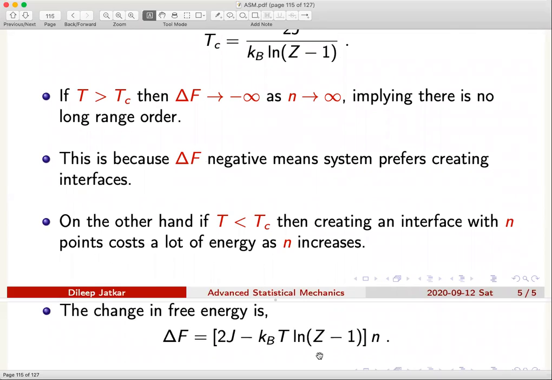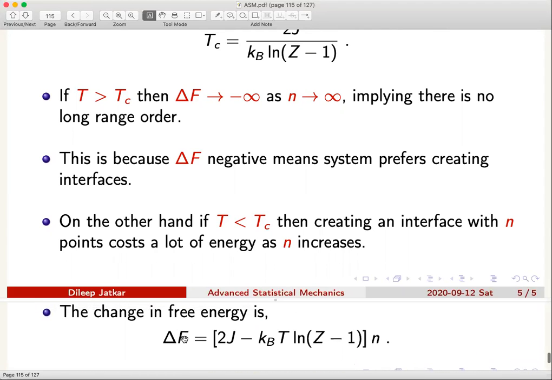That means it will cost you more energy to create an interface, because this is the interface energy minus the ordered state energy. If that is positive, the interface energy is higher than the ordered state energy, and the system would rather be in the ordered state than generate an interface.